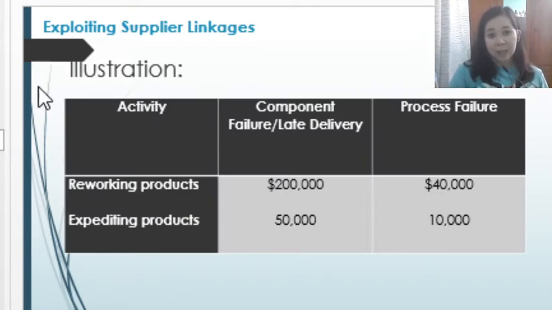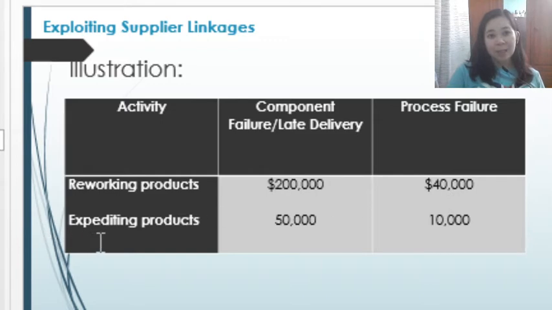So the activities under this is reworking of the product in case of a defect. The component failure or late delivery costs $200,000. For the process failure, it will be 40,000.